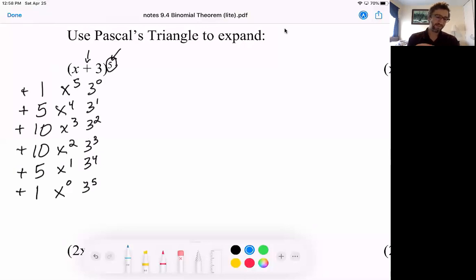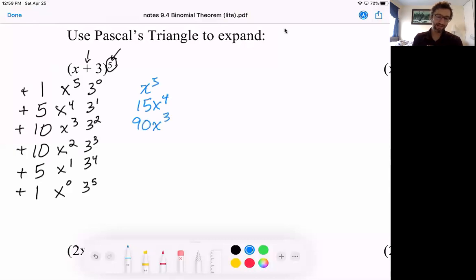So to simplify the first term, 1 times x to the 5th times 3 to the 0, that would just be x to the 5th. The next term, we have 5 times x to the 4th times 3 to the 1st. 3 to the 1st is 3. 5 times 3 is 15 x to the 4th. The next term is 10 times x cubed times 9. 3 squared is 9. So that would be 90 x cubed.